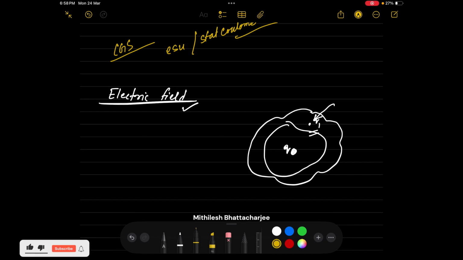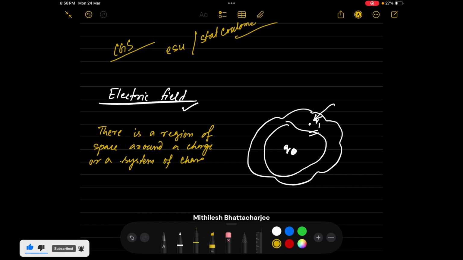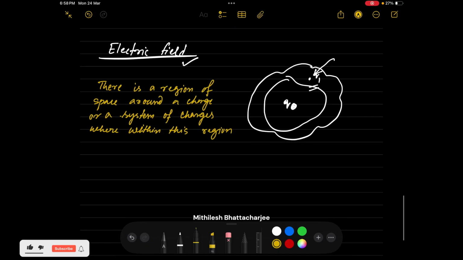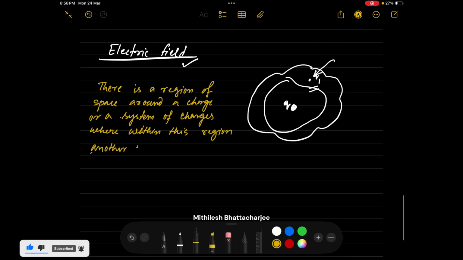Fine. So if we write the definition, we can write that there is a region of space around a charge or a system of charge, where within this region another charged particle experiences electrostatic force.